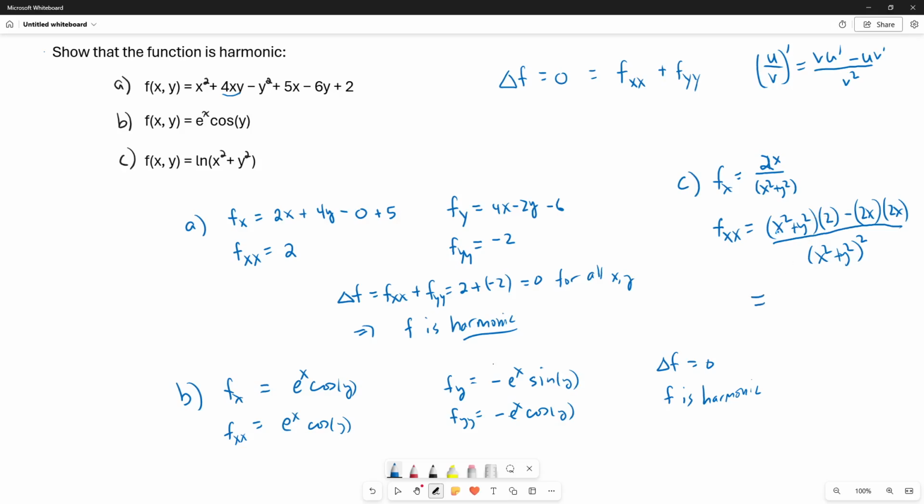And this numerator will simplify. We will get 2x squared plus 2y squared minus 4x squared. So we're going to get 2y squared, and then we had plus 2x squared and minus 4x squared, so that's going to be minus 2x squared.